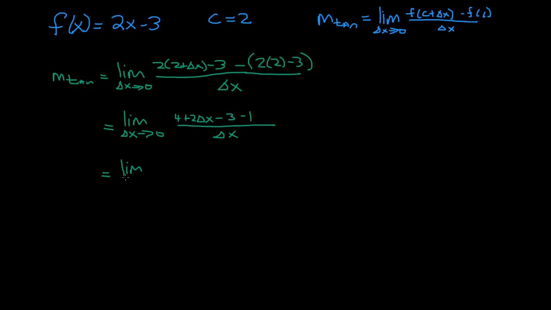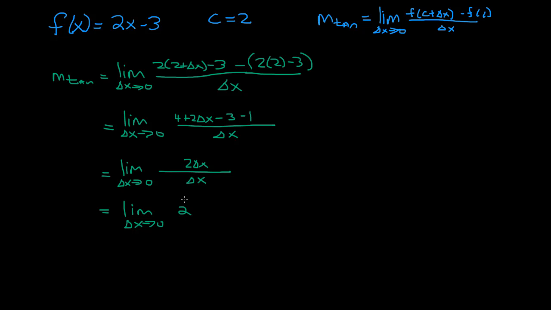So I think you can see we're going to have a nice cancellation on the numerator because we have 4 minus 3 minus 1, so that's negative 4 plus 4. So we're left with 2 delta x over delta x, which just ends up being the limit as delta x approaches 0 of 2, because the delta x's divide out.